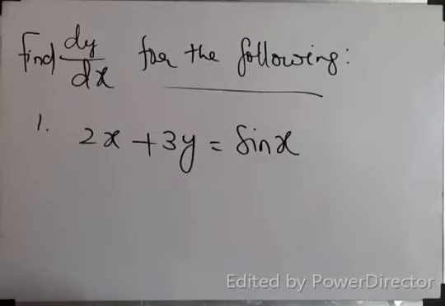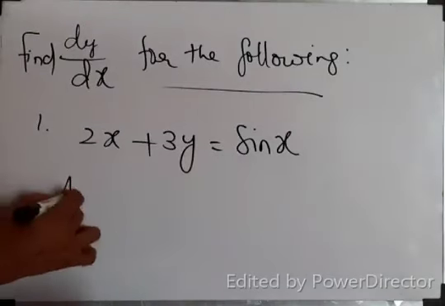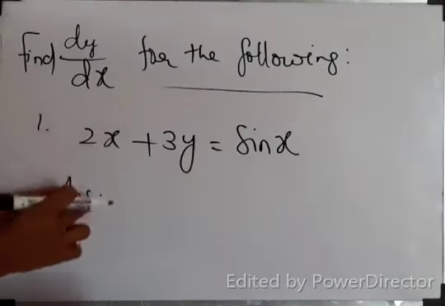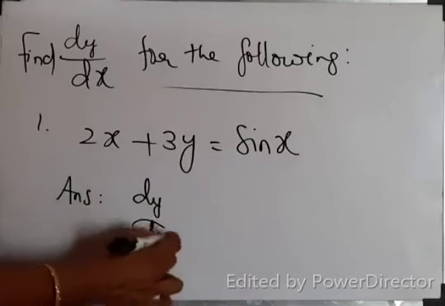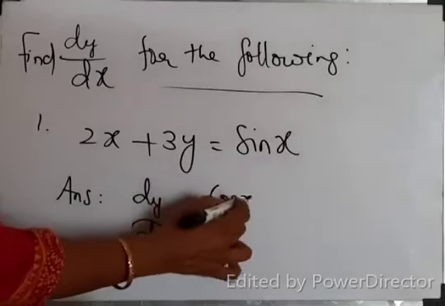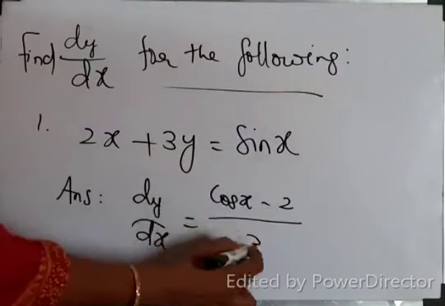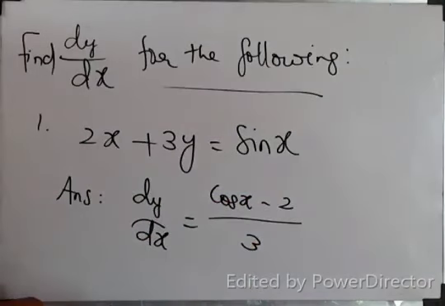So you all know, children, you do it, and I give only the answer. Do you understand? First question, answer: dy by dx equal to (cos x minus 2) whole divided by 3. Children, I am writing from another textbook.